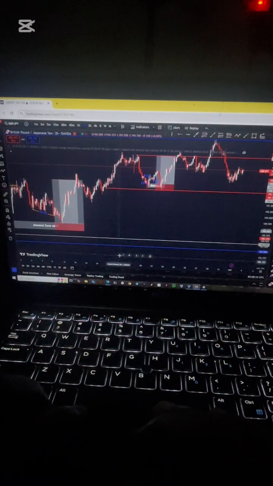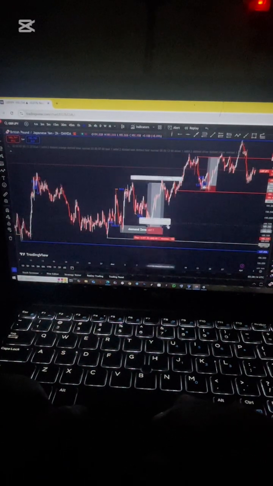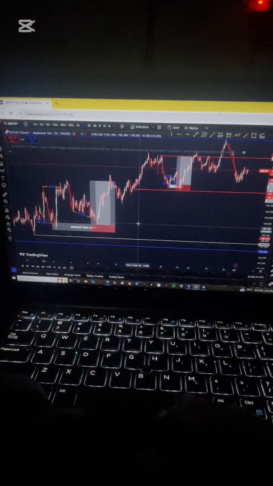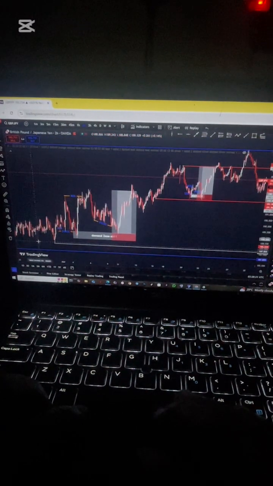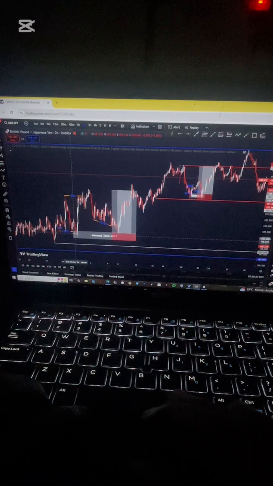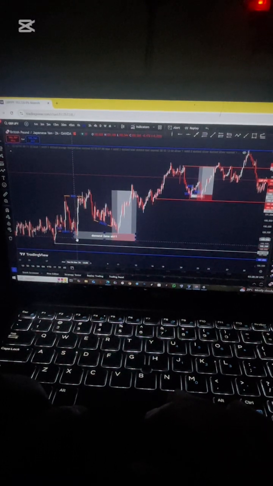Let me clear everything so that you see it clearly. The market is ready to buy. You can see when the market creates this first higher high, the market came down, creates this higher low. The market creates another higher high again. The market came down, creates this higher low, creates another higher high again, breaking this structure.